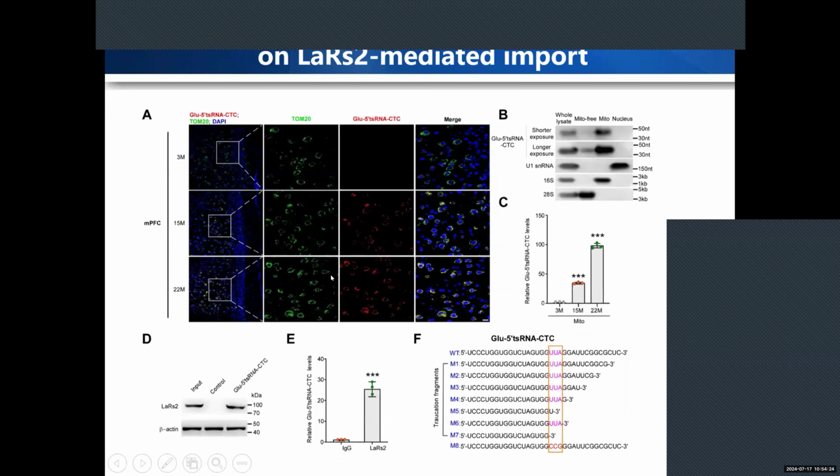So this particular glutamate tRNA fragment is actually in the cytosol. We used another method called FISH to visualize where this particular tRNA fragment localizes in the cell. To our surprise, we found this glutamate tRNA fragment is actually mostly in the mitochondria.